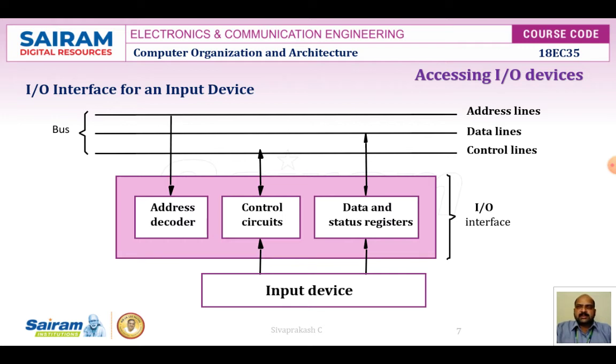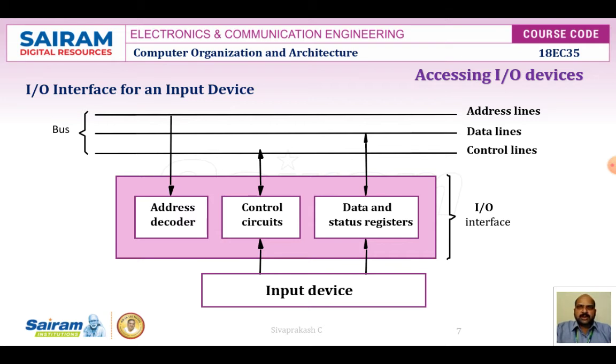The status register contains the information relevant to the operation of the IO devices. What kind of operation is going to be performed in this interface is stored in the status register. Then the data register holds the data being transferred to or from the processor. There are two types of data present over there.